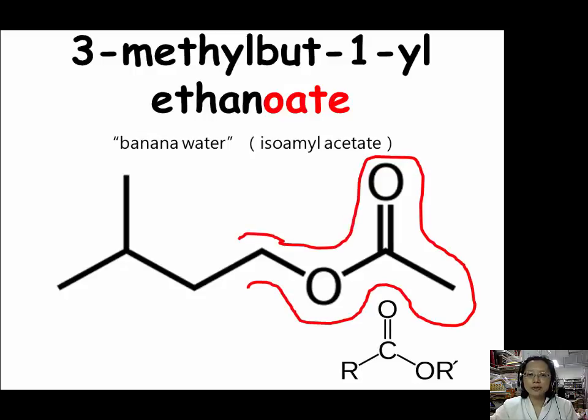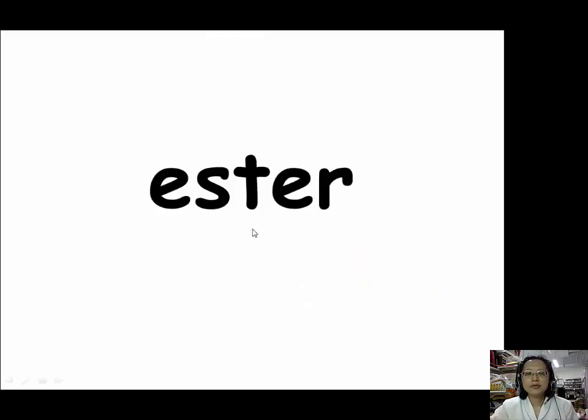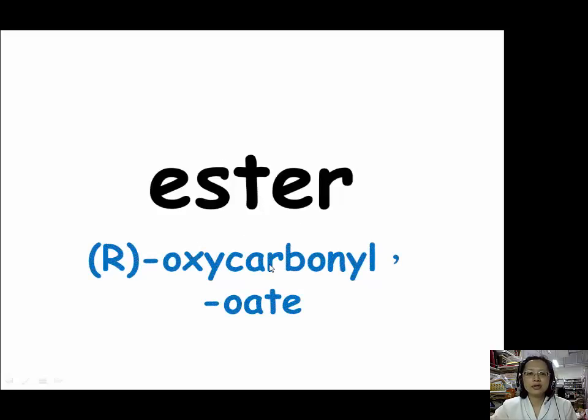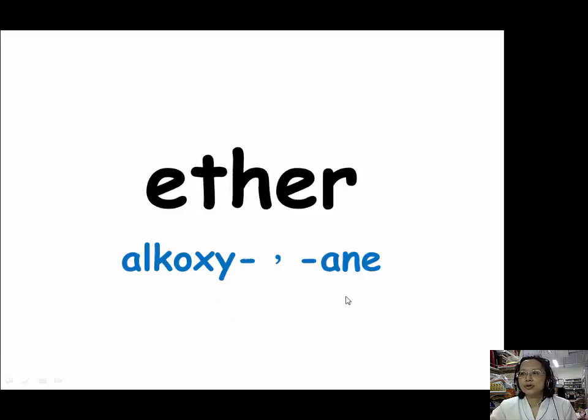The functional group is here. Let's review what we just learned. For ester, we have the R-oxycarbonyl or the suffix oate. For ether, we have the prefix alkoxy or the suffix ane.